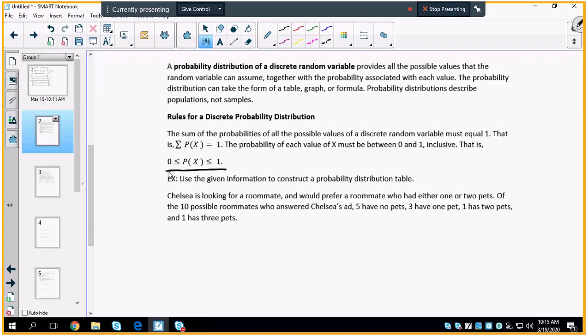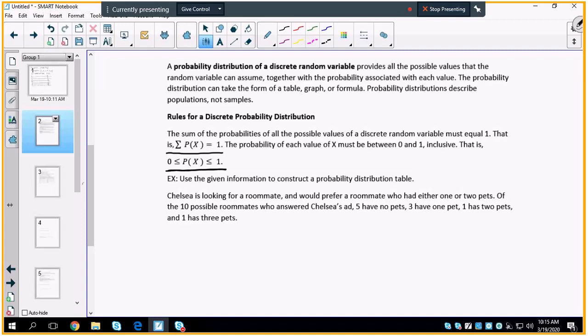The other very important property is that the sum of all the probabilities for each value of the random variable is 1. So if you add all the probabilities you obtain for each different value of the random variable, the sum must be equal to 1.